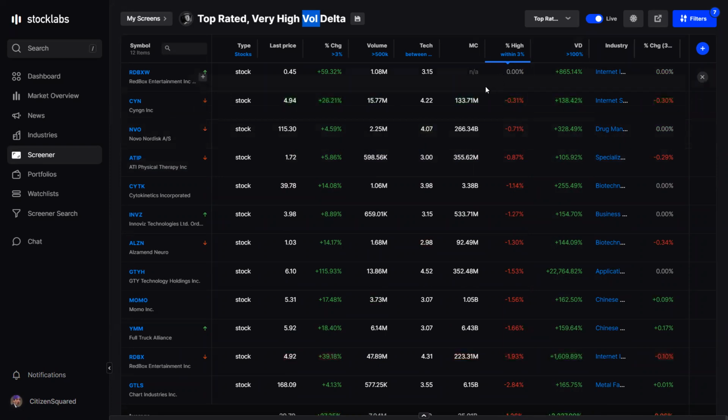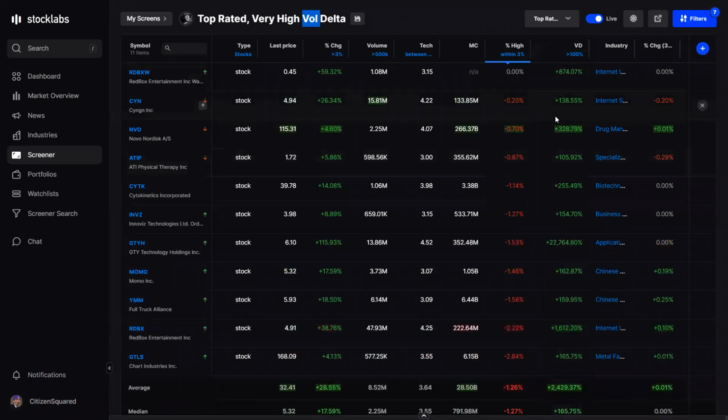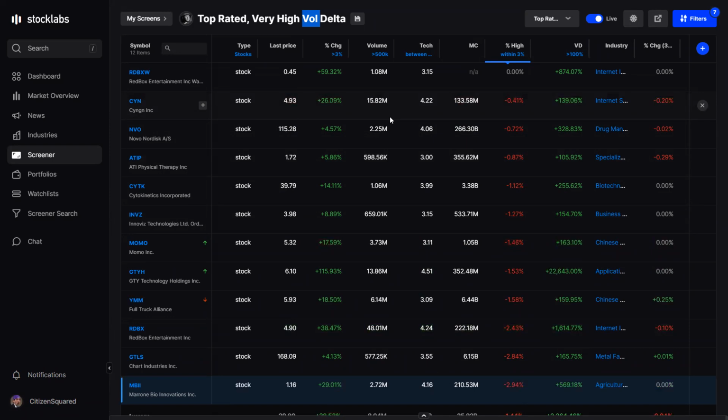And it'll say VD is plus 200%, because 3 million is 200% more than 1 million. So this will help identify stocks that are moving on exaggerated volume. And you're able to combine this with other screen parameters to find trades that will hopefully have a higher percentage chance of being a winning or profitable trade.